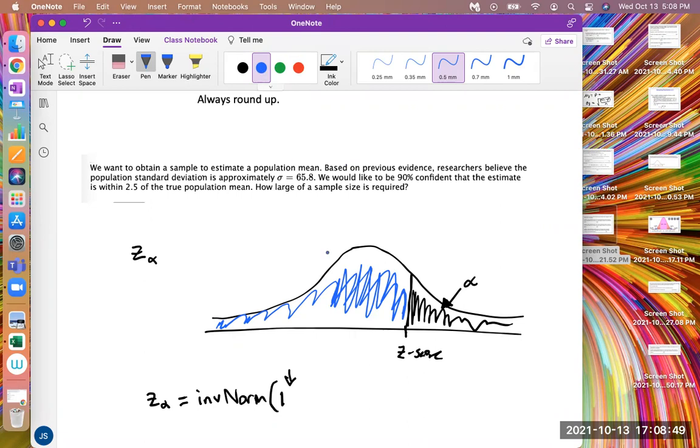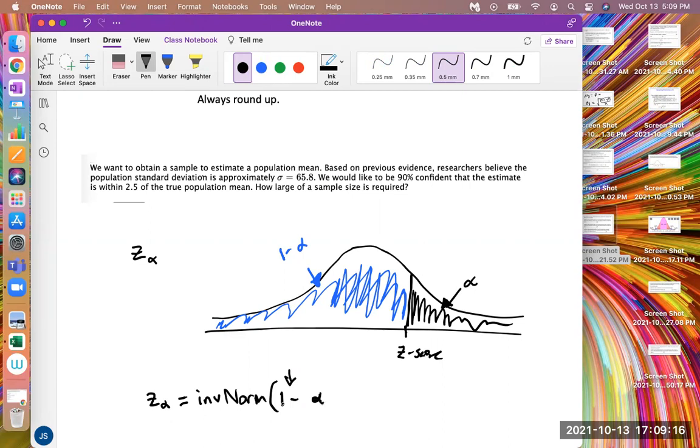To find the area to the left of our desired z-score, you have to do 1 minus alpha, because all of the area under this curve is one whole. If the area to the right was alpha, the area to the left is 1 minus alpha.